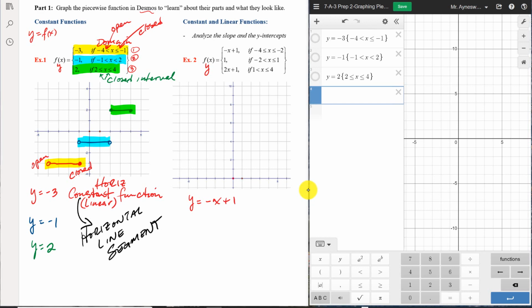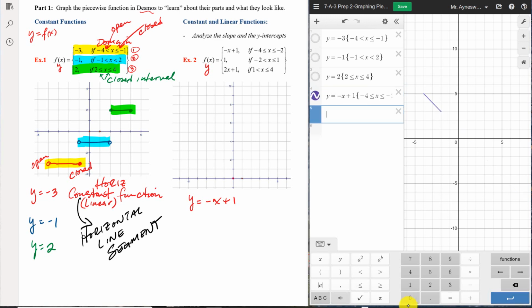So let's learn from Desmos here. We can take y equals -x plus 1. Just type it in. And notice it's unrestricted. Linear functions are infinite in both directions, so you have to put this restriction in, from -4 to -2. So you use your curly brackets again, and then you type in -4 is less than or equal to x, which is less than or equal to -2.